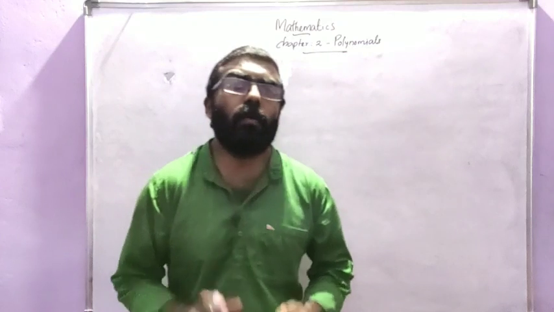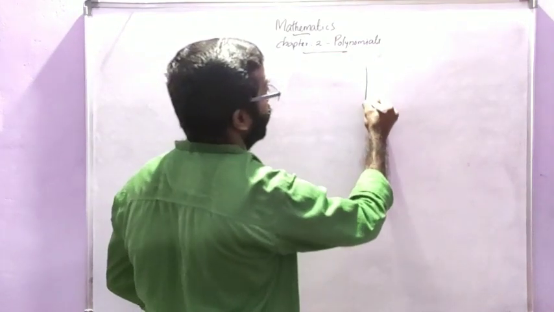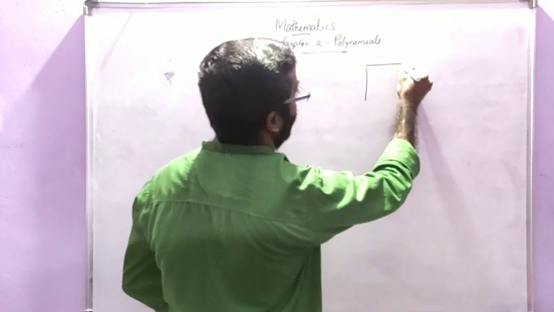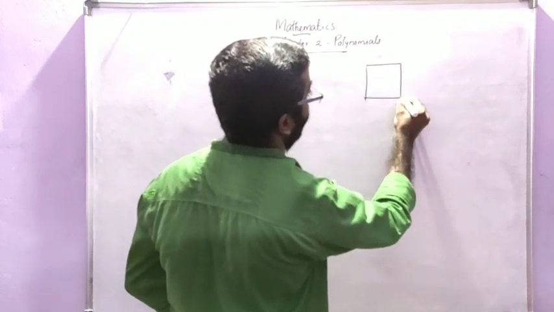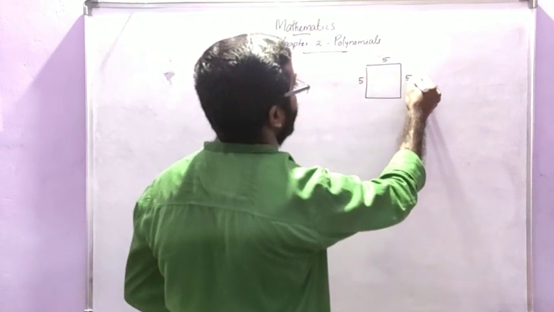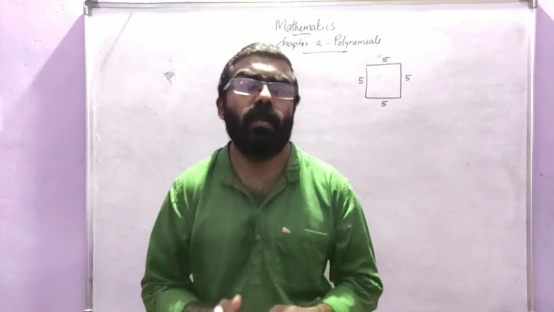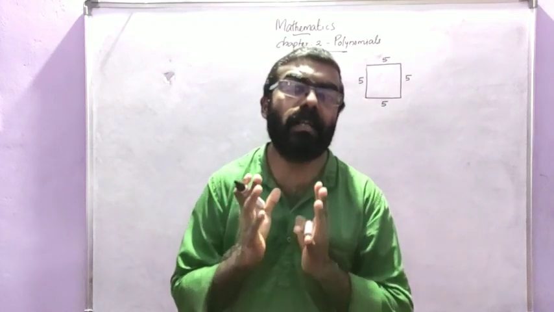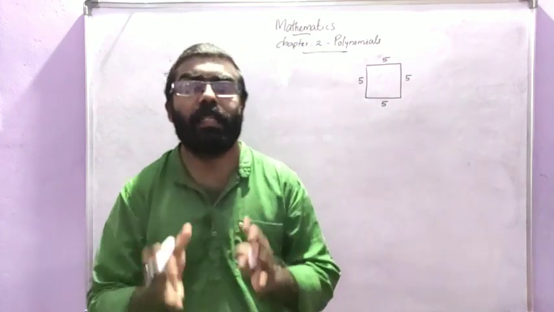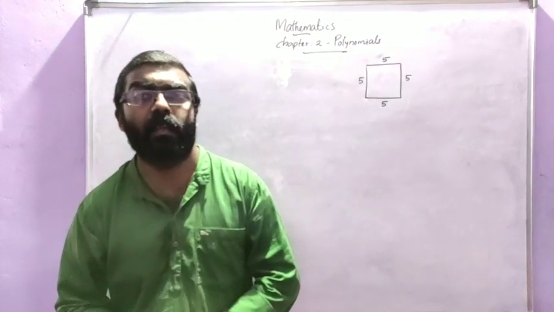That is, the value of a constant does not change in a given problem, but the value of a variable can keep changing. Now consider a square of side 5 units. What is its perimeter? You know that the perimeter of a square is the sum of the lengths of its 4 sides.